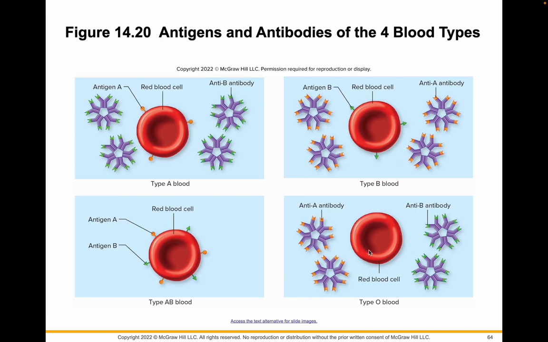And same thing for B. So O blood can only get blood from who? O, because it's fighting all the antigens, so you can only have blood with no antigens on it. However, because there are no antigens on it and nothing to elicit an immune response, this blood can be donated to all the other blood types, and that's why it's called the universal donor.